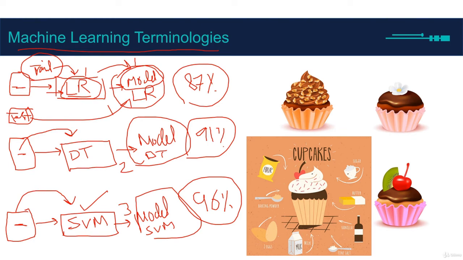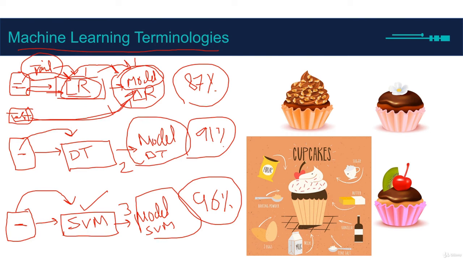So I have a data here, I feed it to the algorithm, it learns the data by finding the patterns, and then it creates a model for me, and I'm going to call it logistic regression model, because that model was created by the logistic regression algorithm. And then I'm going to test the data after I throw it onto the model, because the model is now learned.